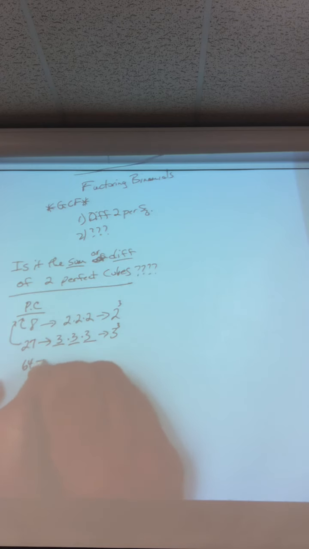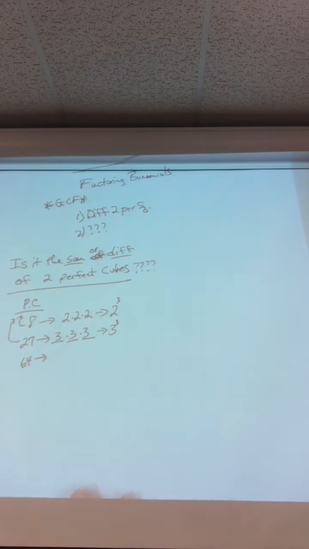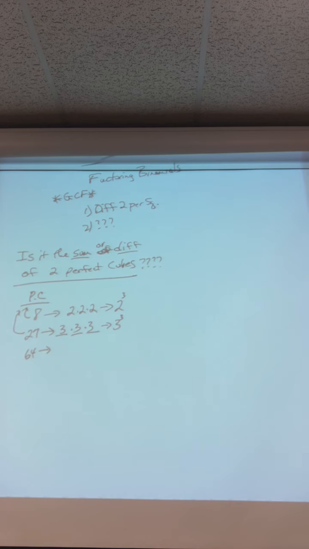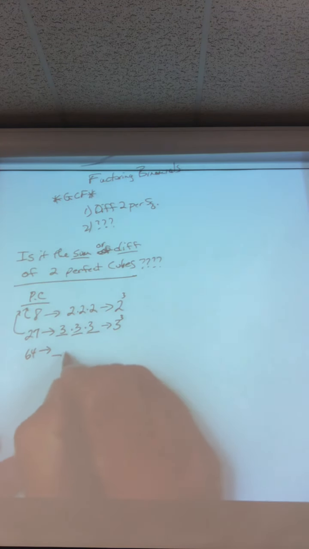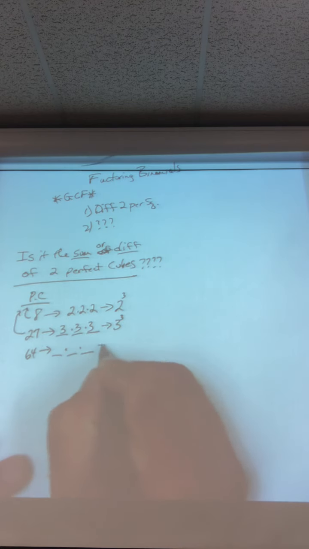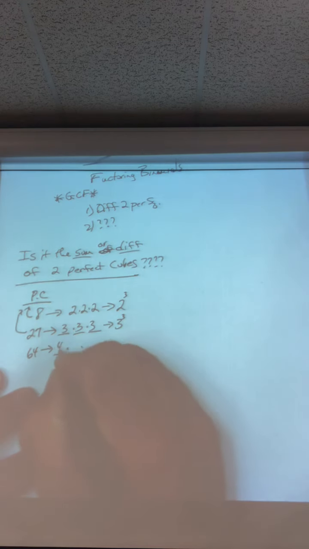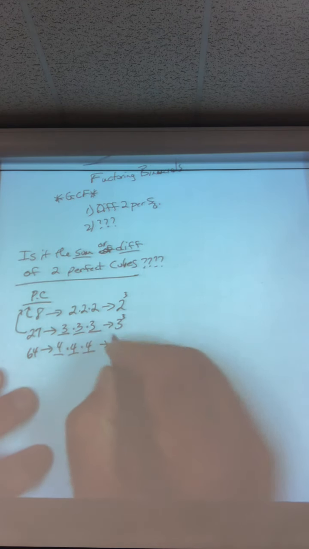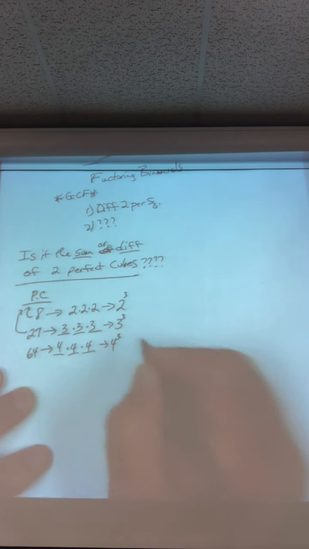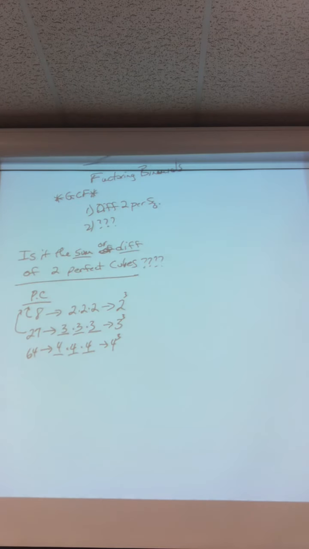64. Is that a perfect cube? Can you take something times something times something else? If you don't know, just take your calculator and just start trying it. Take 2 times 2 times 2, 3 times 3 times 3, 4 times 4 times 4. Well, it turns out if you take 4 times 4 times 4, that's 64.